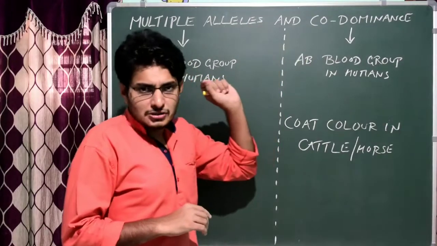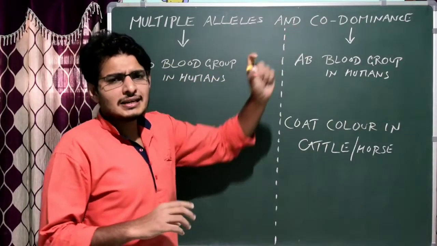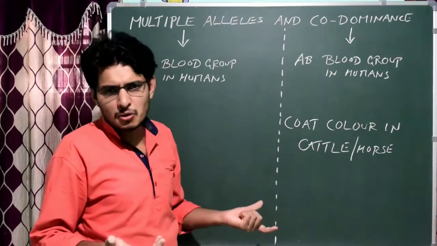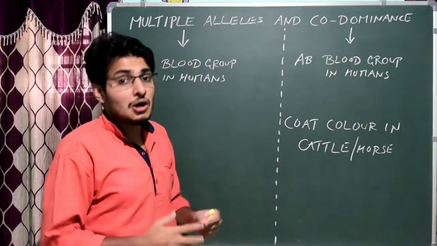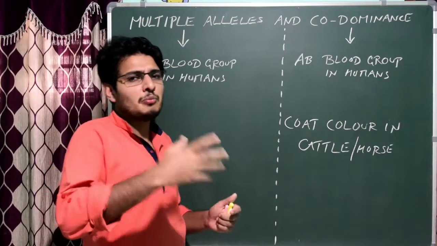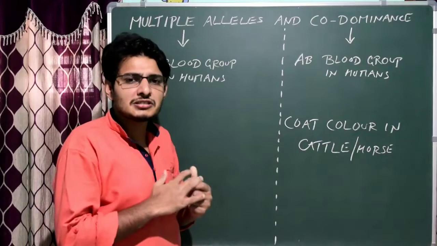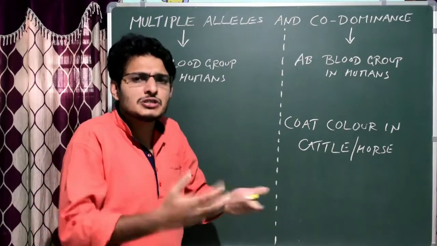And codominance. So codominance is like, in a heterozygous condition, you know about heterozygous genotype. Both the genes, one is dominant and one recessive, we have learned so far, but both the genes in heterozygous condition express themselves equally.